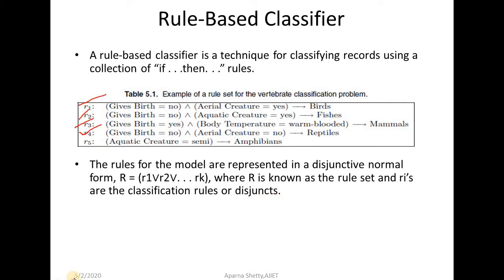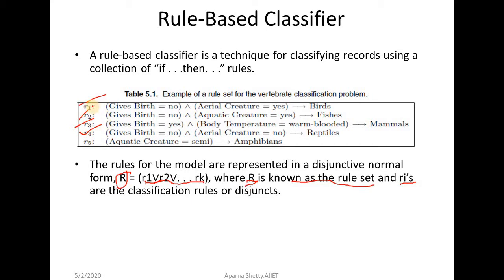A rule set is a disjunction of classification rules, that is, a disjunction of R1, R2 up to Rk.